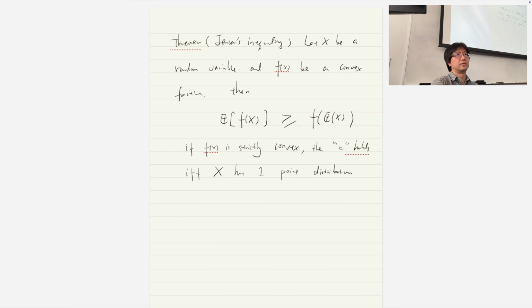Right? So this basically means x is kind of like a Dirac delta, like a Kronecker delta function, right? So this basically means that x has to equal its expectation, okay, with probability 1. So otherwise, it will not hold, right? Because it's strictly convex, right? Or it means x has to be a constant with probability 1. Does that make sense?